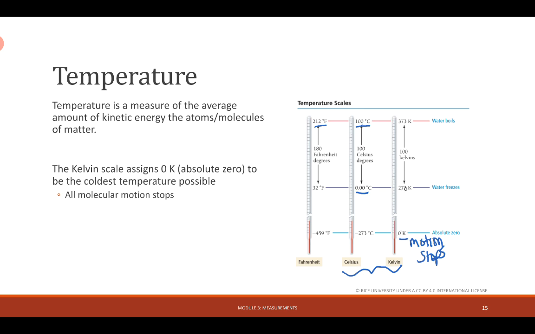From that point, water freezes at 273 Kelvin, and it boils at 373 Kelvin. You'll notice that the difference between boiling and freezing is 100 on both the Celsius and Kelvin scale. On Fahrenheit, though, it's 180 degrees difference. And so the spacing of the increments on the Fahrenheit scale is much smaller than on the Celsius and Kelvin scale.